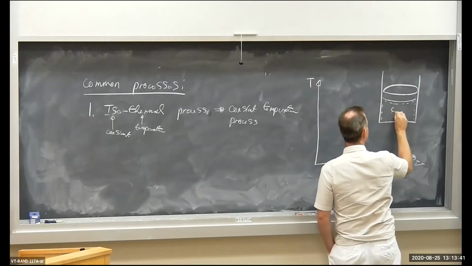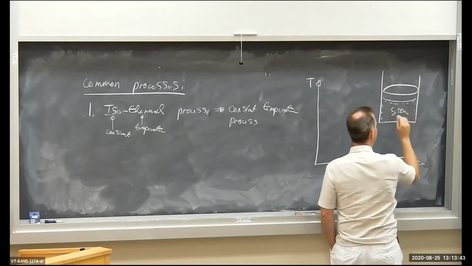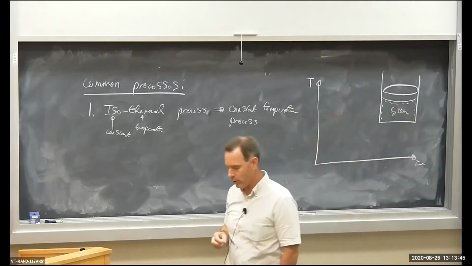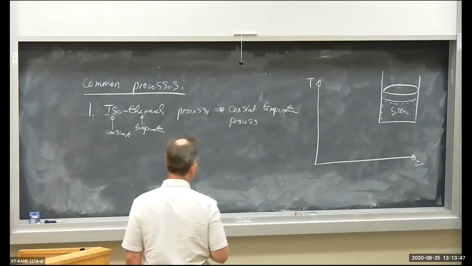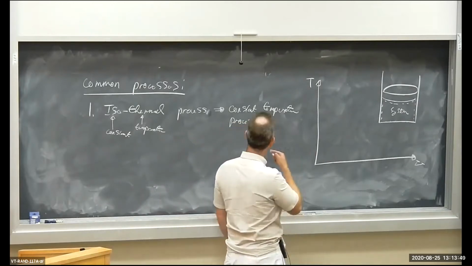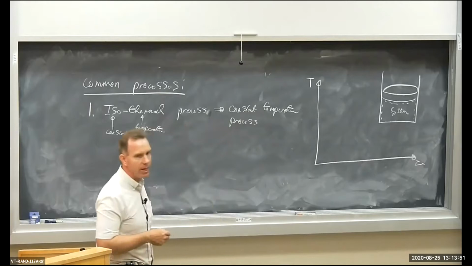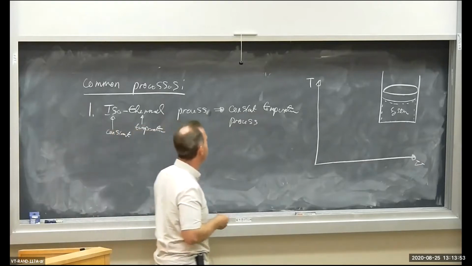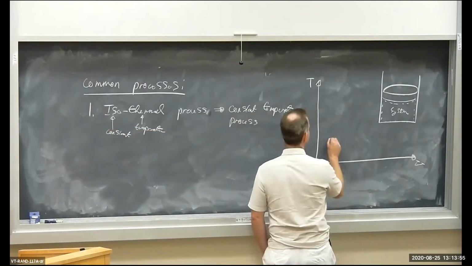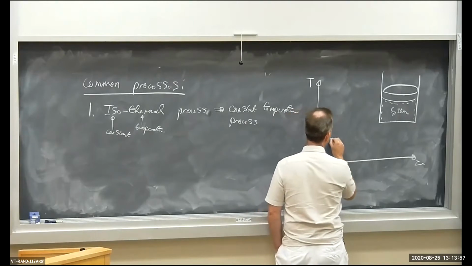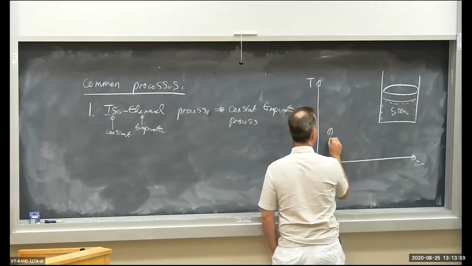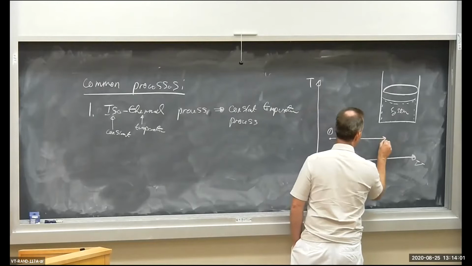I don't know what it is. It could be a gas, it could be a liquid, who knows what it is. The point is, this system goes through some kind of an isothermal process. So I can plot the isothermal process. Let's say we start off at state 1 and we go to state 2, and this is an isothermal process.